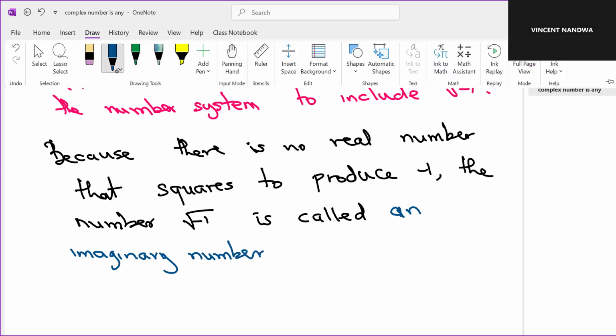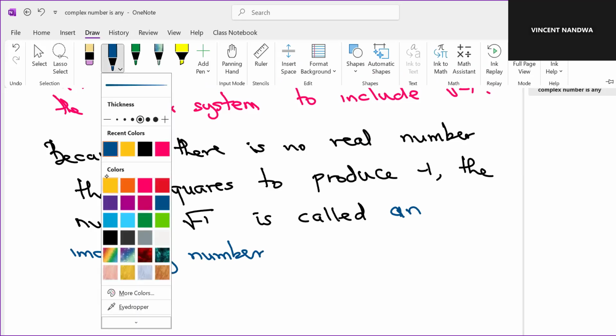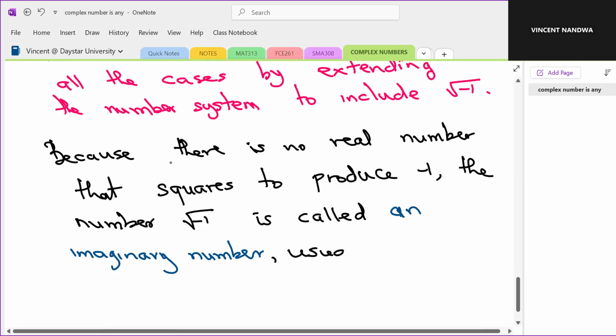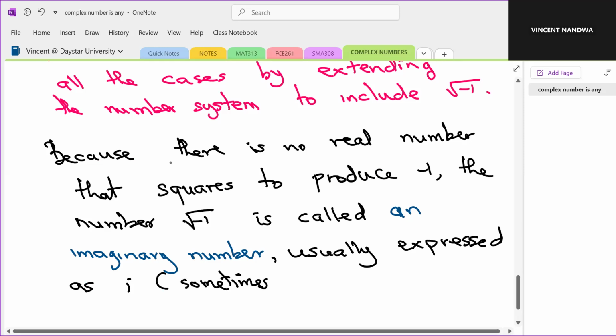Usually expressed as I. Sometimes other authors give it small j, but in most cases we'll be using I to represent the imaginary unit.